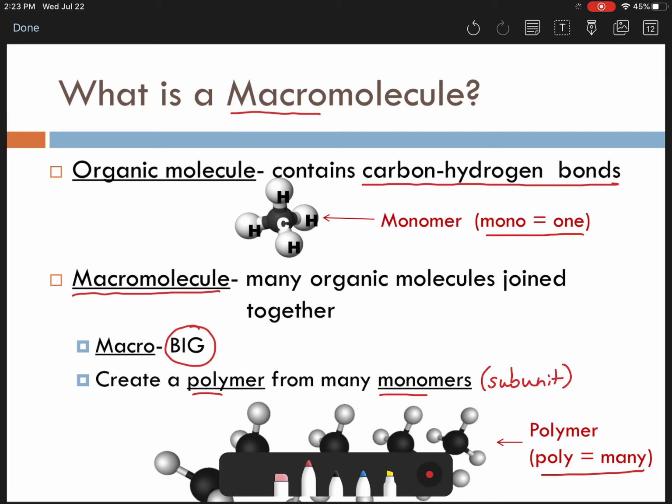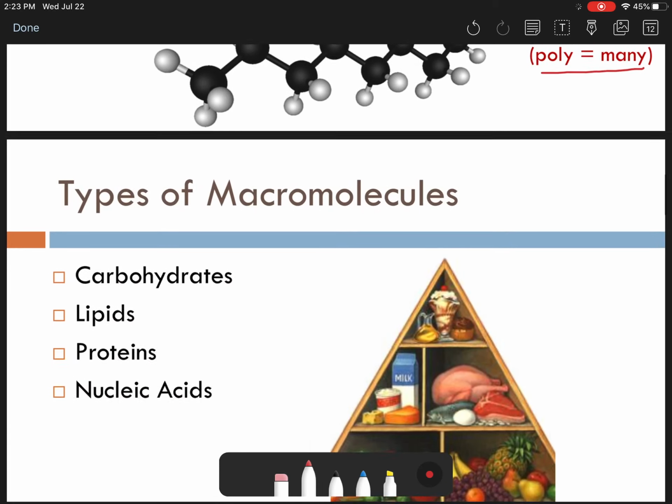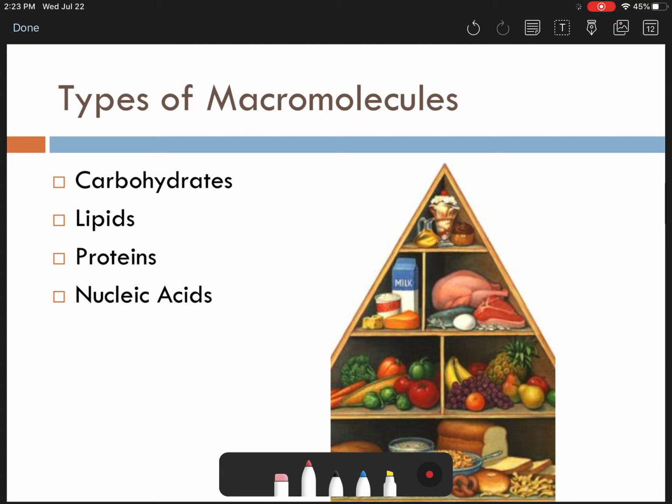So when we're talking about these macromolecules, they are all large molecules that are made up of many, many subunits or monomers. And so we're going to break down and look at each one of these to see what are these large molecules, what are their monomers, what are their structures and functions.